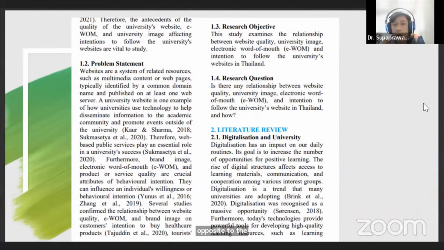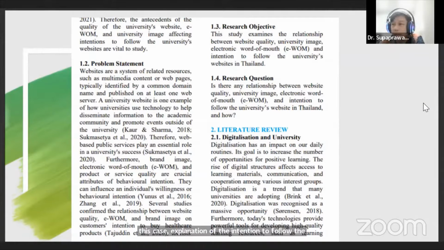If you write the problem statement for quantitative research, you have to explain the relationship between the variables in your quantitative study. In this case, the explanation of the intention to follow the university website in Thailand is a rare study.